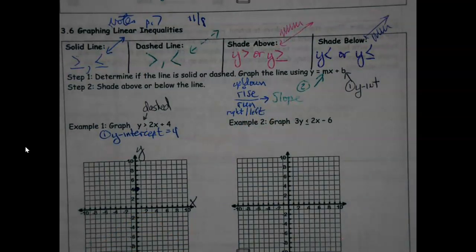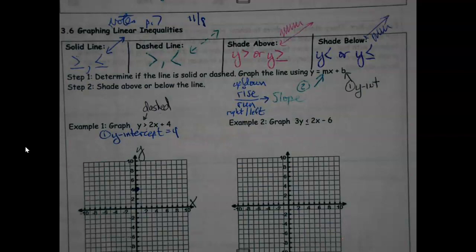So part of what I do when I'm doing slope is, since you notice there's a top and a bottom like there is on a fraction, I want to make sure that my slope in my brain or on the paper is a fraction to make sure I get both parts of that.